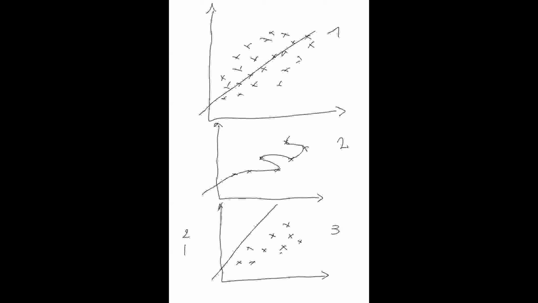We use the line of best fit to get our predicted data point. In case 2, if this is my actual data point and I want to get my predicted value, let's say this is 1, 2, 3, 4, 5, and then maybe 6 here.